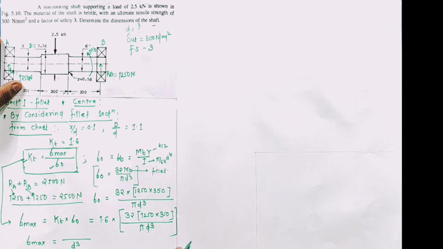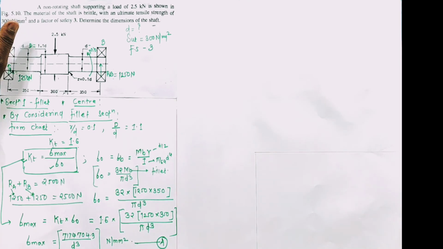You just multiply this, and you will get sigma max is equal to 7174704.9, correct, Newton per mm square. So this will be your equation 1 for the fillet section. Very important, for the fillet section we have calculated this. So same, if they have asked this in a numerical exam, you will have to go for this.